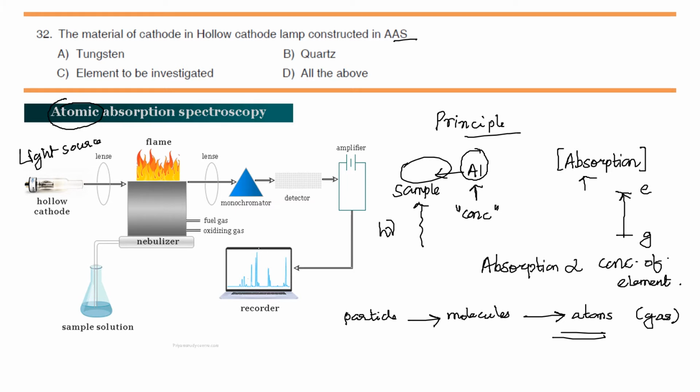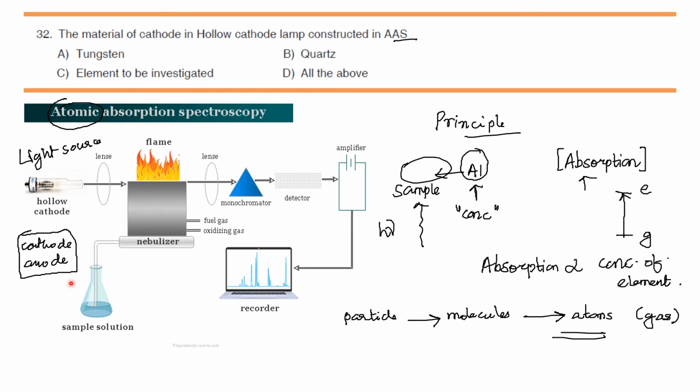The hollow cathode lamp is actually a combination of a cathode and an anode, and the cathode and the anode are enclosed inside a cylindrical glass tube. You can see that this is a kind of cylindrical glass tube. So it has a cathode as well as an anode.